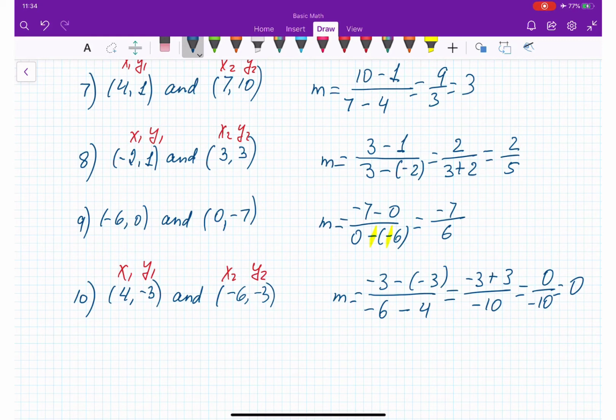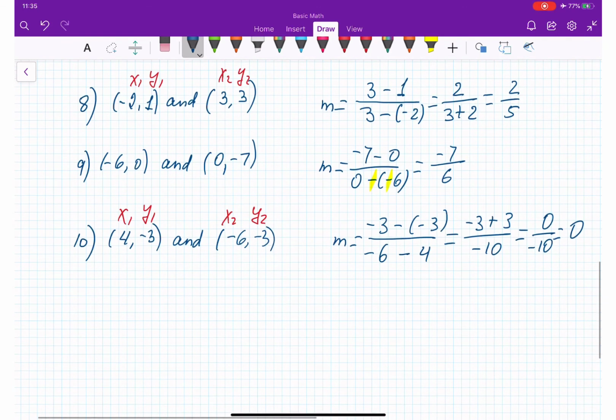So this is when we get a horizontal line: when the numerator becomes 0, that's a horizontal line. Now, the slope is undefined for a vertical line. When will that happen? When the denominator is 0. Okay, we will get there.